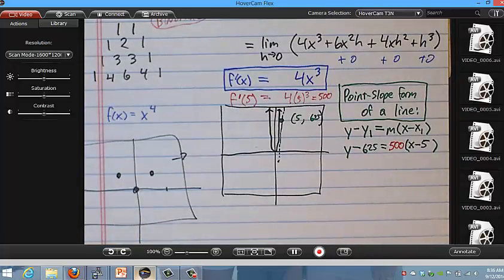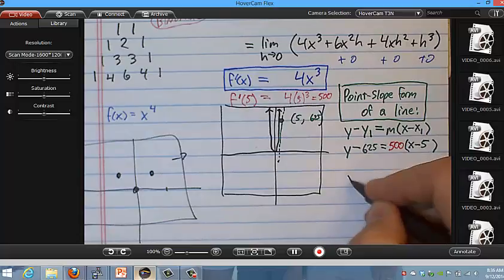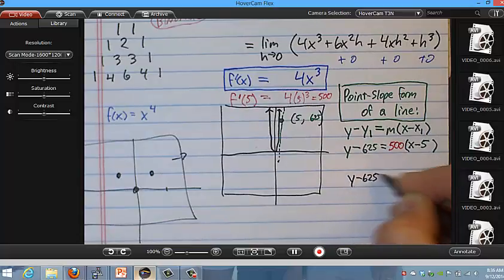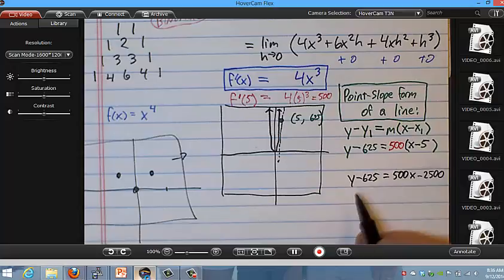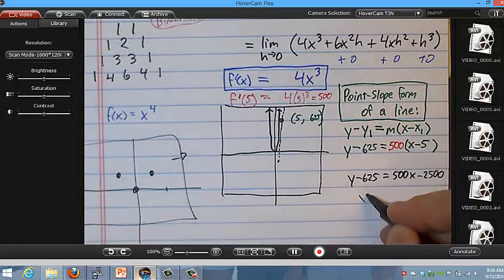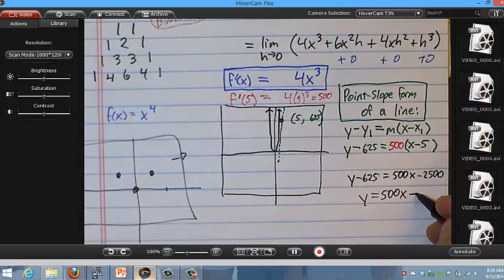Now, again, we're not so familiar with that, so let me put it in slope-intercept form for you. I'm going to distribute the 500. Y minus 625 is equal to 500x minus 2500, right? And then I'll add 625 to both sides. So I'm getting y equals 500x minus 1875, I think?